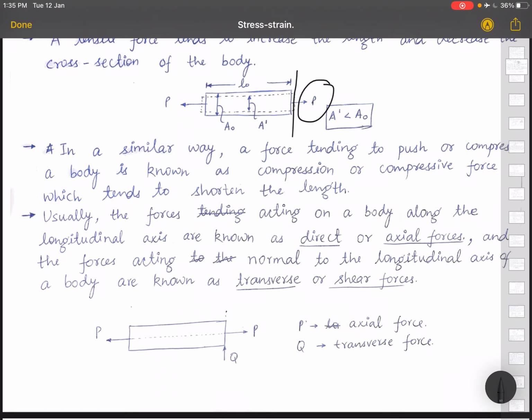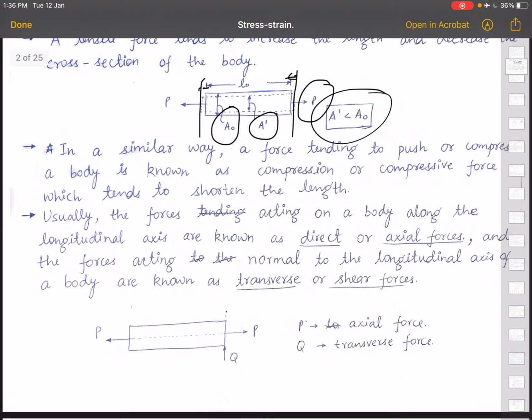You can see the original length was L0 and the final length is increased by this amount, but this increase in length is at the cost of a decrease in area. You can see the initial area was A0, now the final area is A dash. So A0 will be greater than A dash. So this will compensate each other.